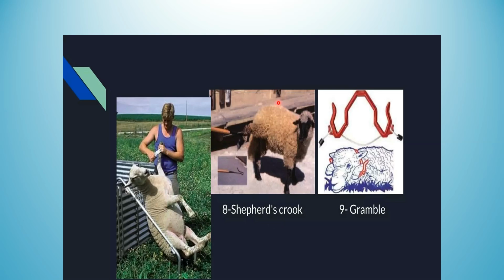Here you can see the shepherd's crook, and the ninth one is the gramble, a type of restraining where both legs are put on the other side.